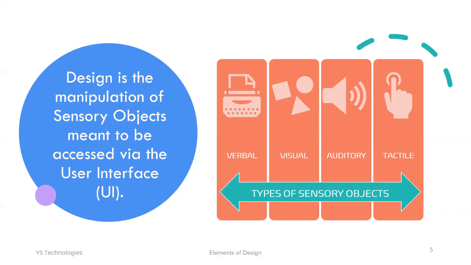Now, sensory objects could be anything. As in the case of a newspaper, it could be a text. Newspapers can also contain photographs, then it becomes visual. There can also be a sound involved. Now, if you combine those three, you have visual media.